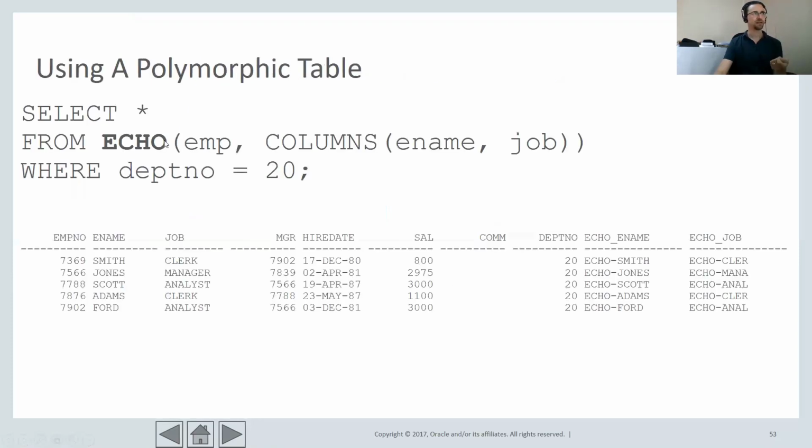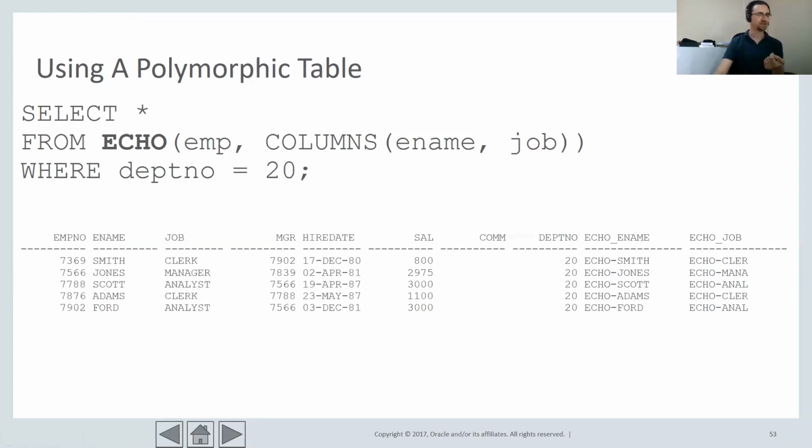As we can see here, we've got our echo function, and we pass in the classic Scott EMP table, and we just want to echo the ename and job columns. What this did is add these 2 new columns on the end, prefixed with echo dash for the name and the job. So we can take values coming in, manipulate them, pipe them out and do whatever we want.